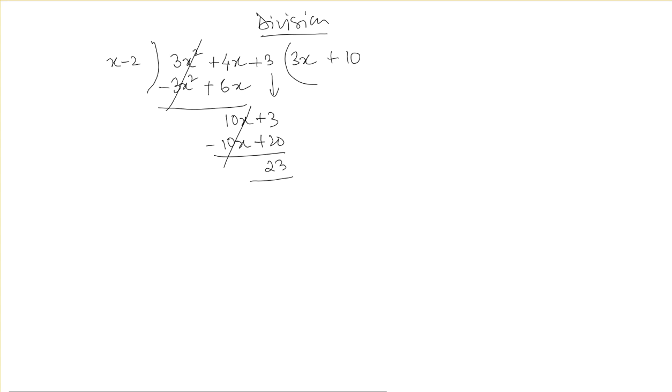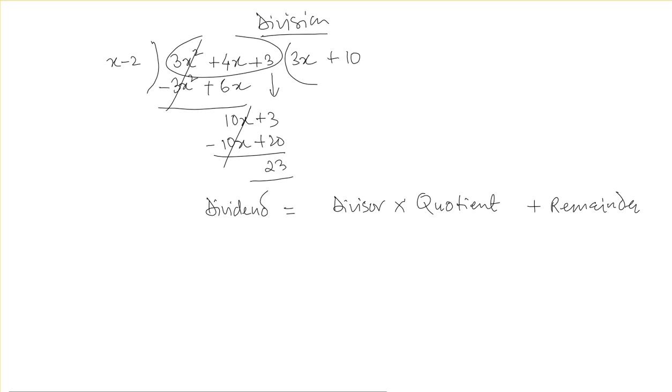You must know the rule: dividend is equal to divisor into quotient plus remainder. We must try divisor into quotient plus remainder. If we get back the dividend, then our process is appropriate.